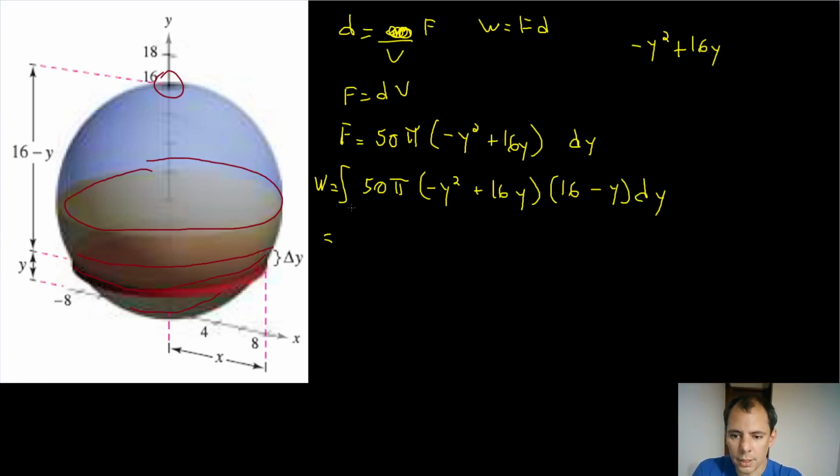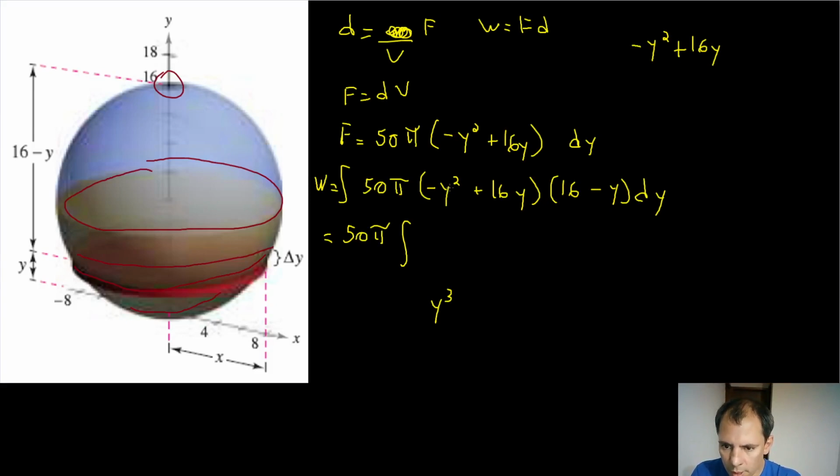Oh, the 50 pi, okay, this equals 50 pi, which is a constant with respect to y, so I'm just going to put 50 pi times the integral. Now we've got to multiply all this stuff in here, so I'm going to do that. Let's start with y cubed.